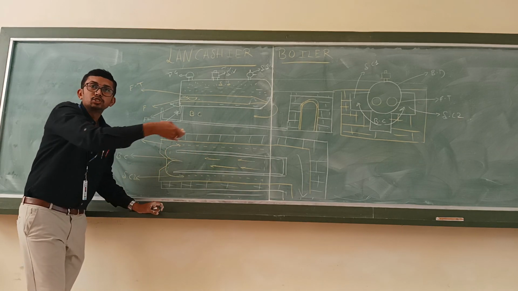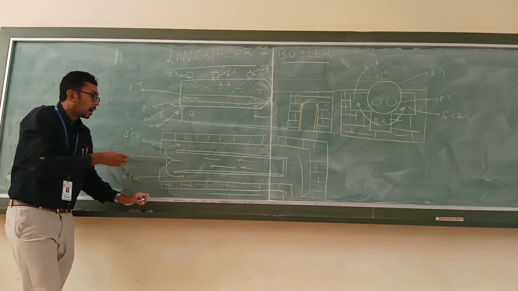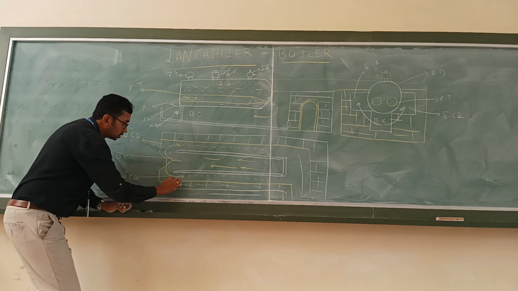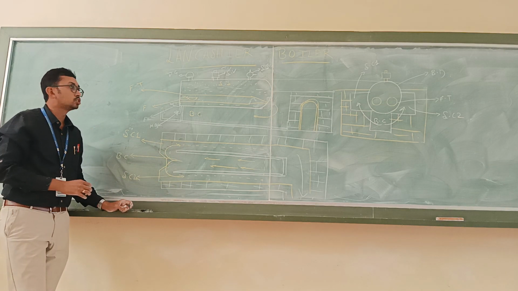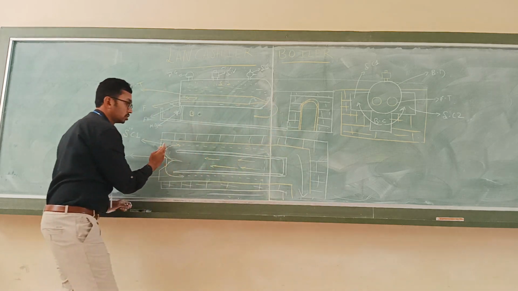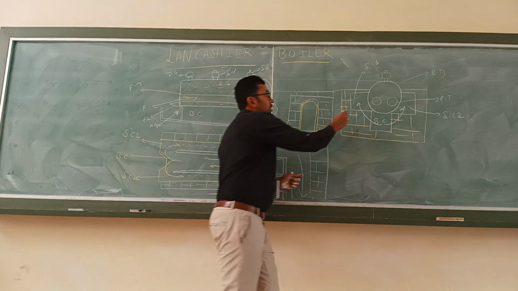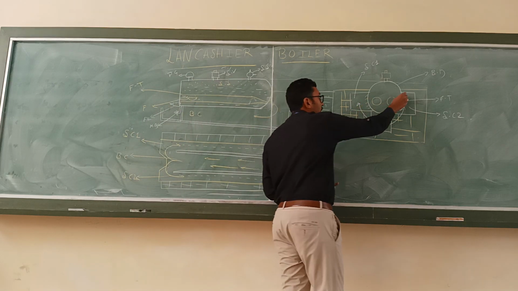While moving, it is going to hit the bottom surface of the boiler drum, and it enters side channel 1 and side channel 2. It is going to move from the front end of the boiler to the rear end of the boiler, and hit the side surface of the boiler.